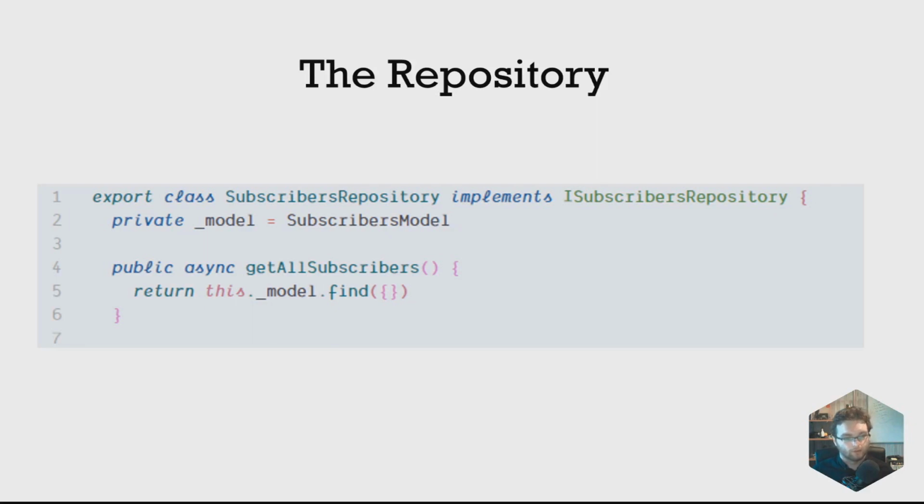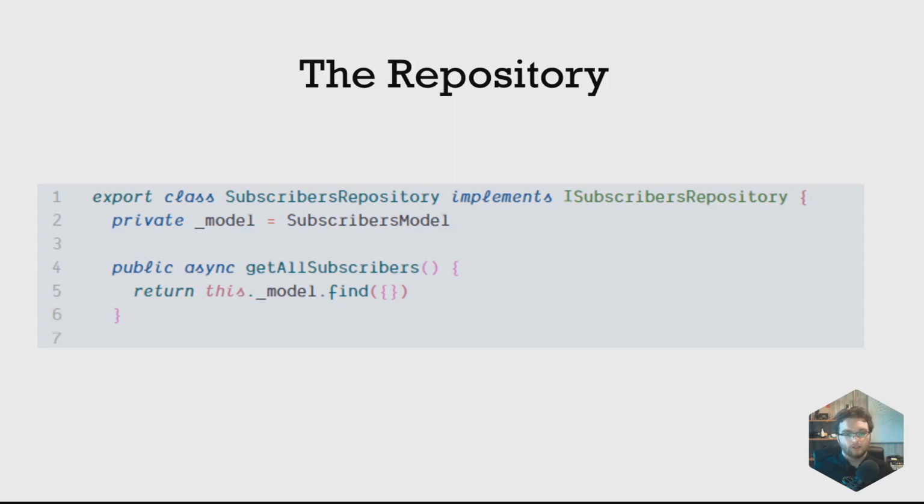So, the repository. I have a small snippet here of a dummy project of mine where I refactored a project. As you can see here, we have a subscribers repository, and the repository gets a mongoose model, which is called a subscribers model. This model has a bunch of methods to make queries to the database, and if you look at our method, public async getAllSubscribers, you can see that we are calling a find method on the given subscribers model.